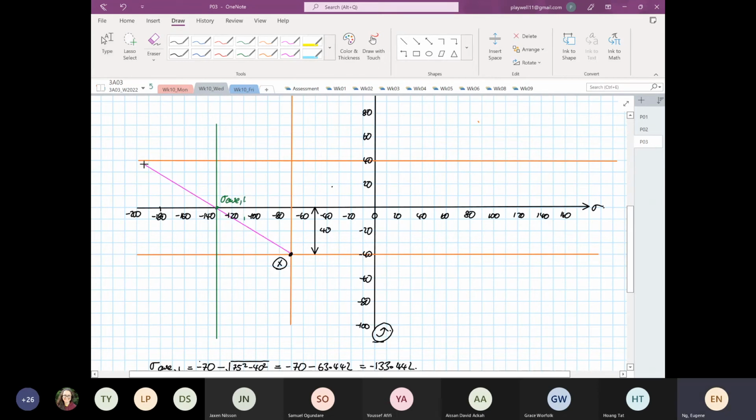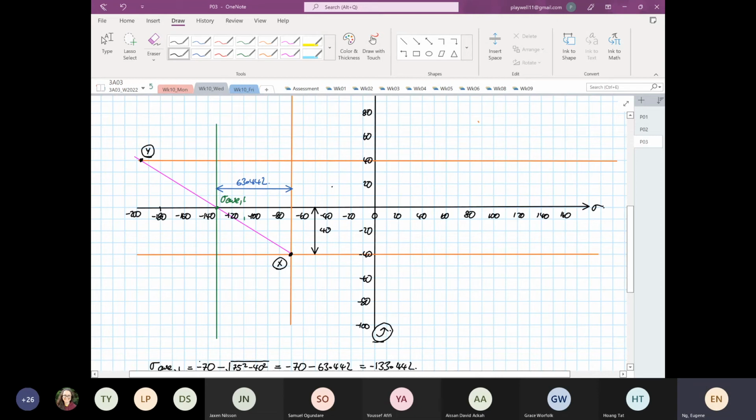Then I draw the whole line across. Right. So what we just found is the distance from here to here. This distance is equal to 63.442. Okay. And then we now want to find this position, which is our y.